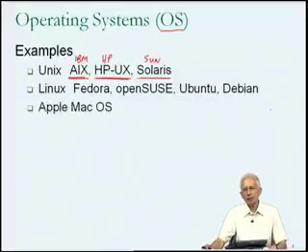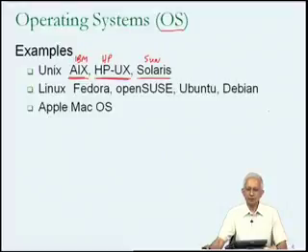Now, there are others as well. The world is not just Unix and Linux. For example, if you have a Macintosh, an Apple computer, an iMac or something like that, then you will be aware that the operating system on those computers is the Apple Mac OS, which was originally developed from a Unix-like base called Mach.